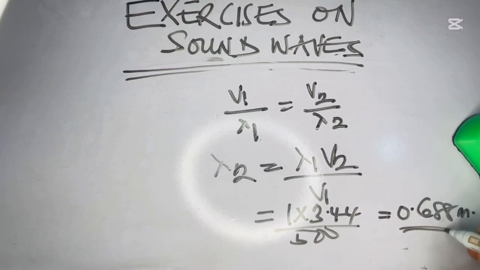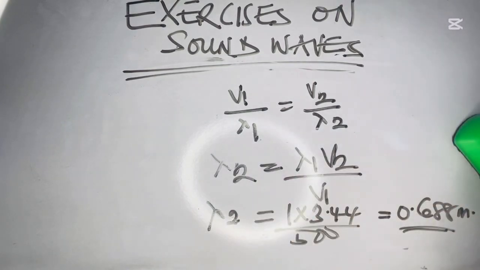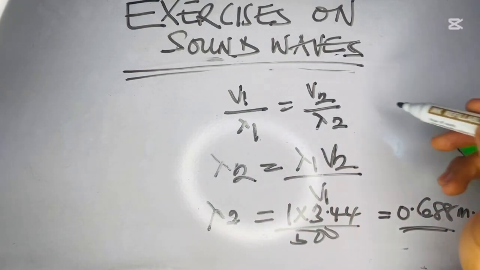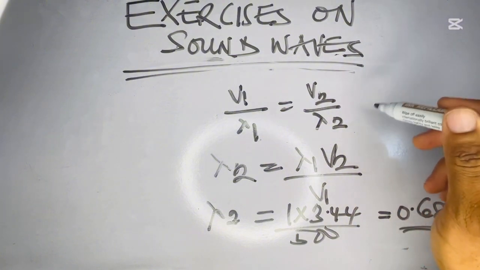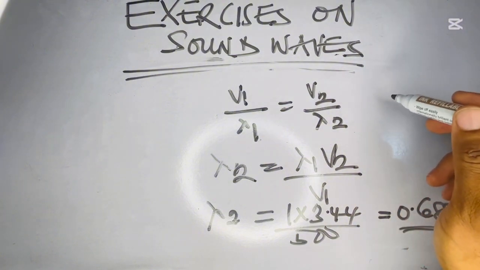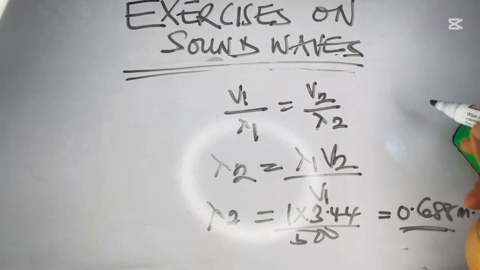So that is the wavelength in air. The speed of the waves is the one we first calculated as our V1, which gave us 500 meters per second. So that is one question.